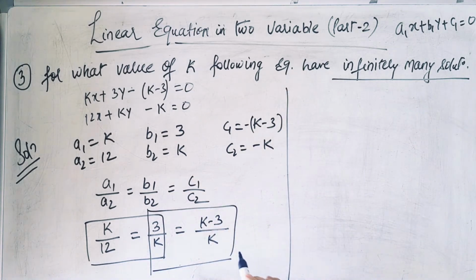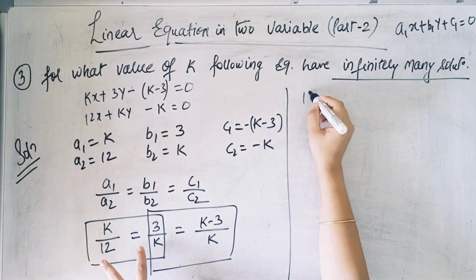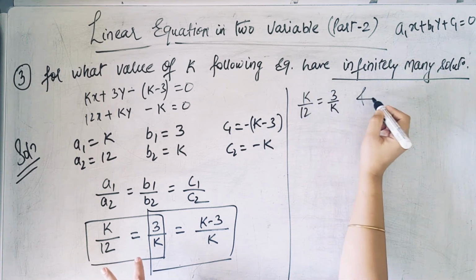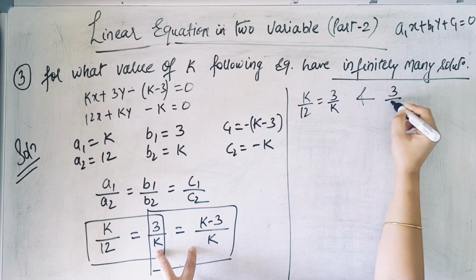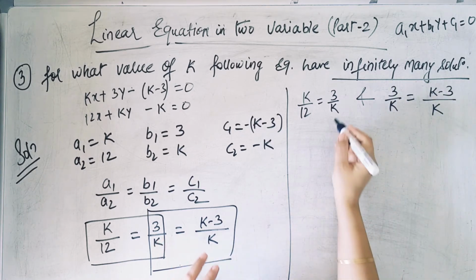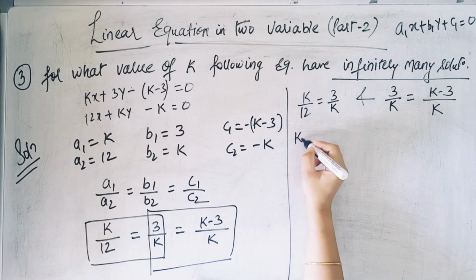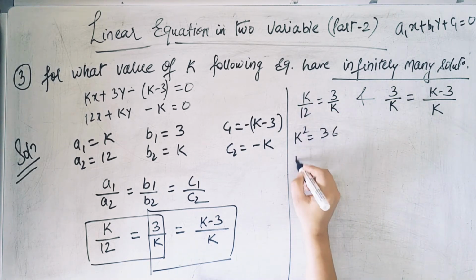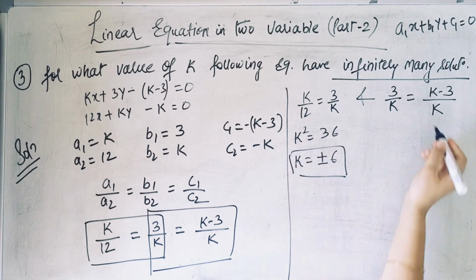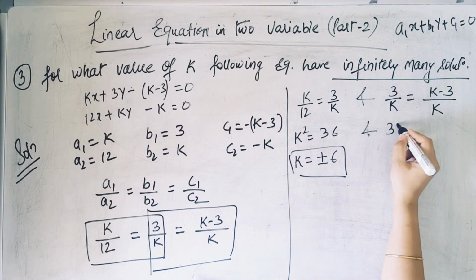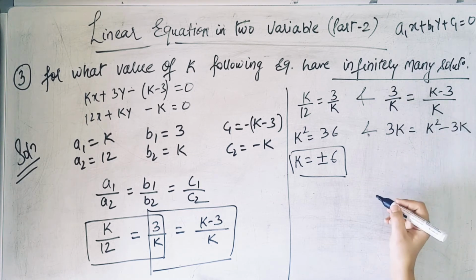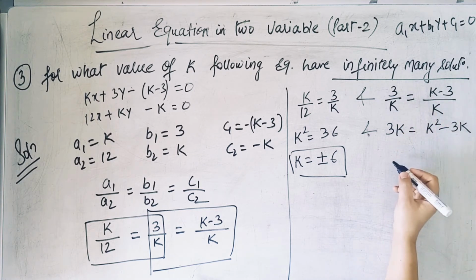So see, first we are solving this part. k by 12 equals 3 by k, and the second part will be 3 by k equals k minus 3 by k. So here we'll get k square equals 36. Thus k equals plus minus 6. If we solve here, 3k will be equal to k square minus 3k, because this got multiplied.